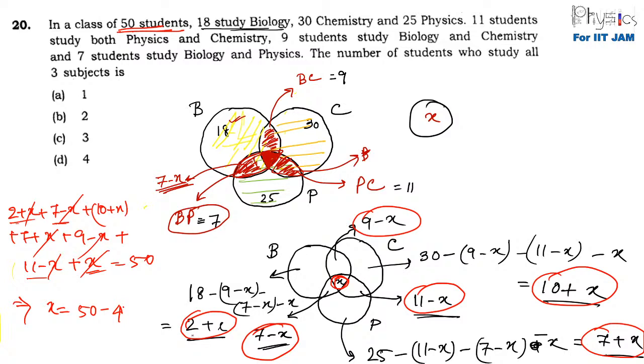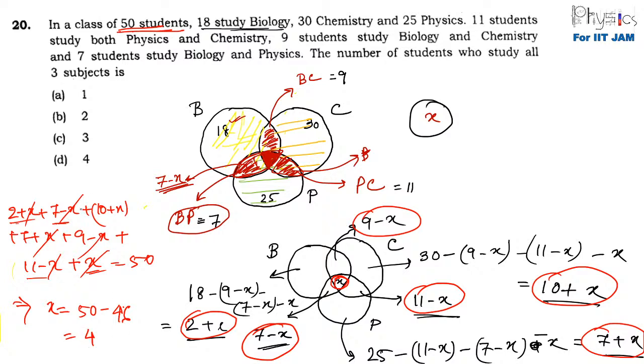It is 2 plus x, 7 minus x, 9 minus x, 11 minus x, 10 plus x, and 7 plus x, right? 1, 2, 3, 4, 5, 6, 7. So it is 46. So it is 4.